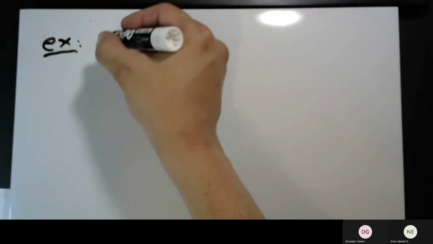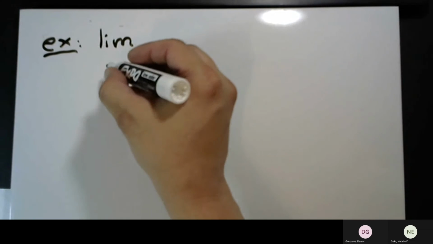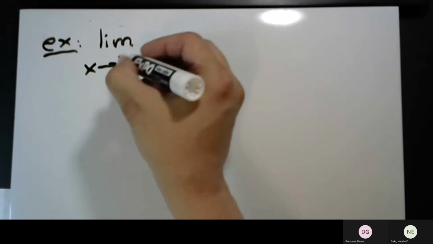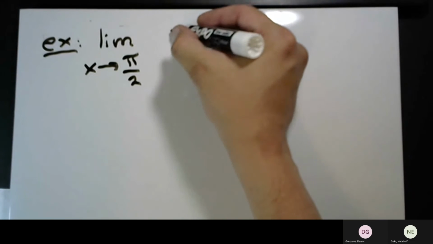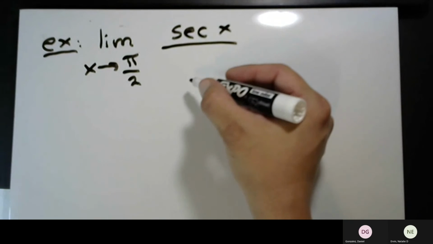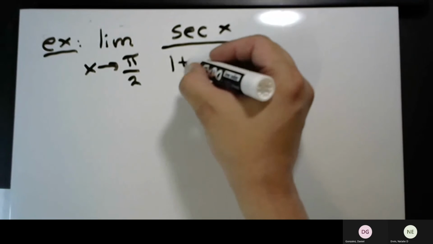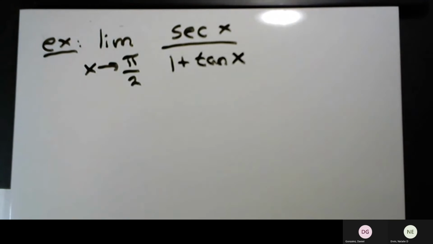So let's do the limit as x goes to pi over 2 of the secant of x over 1 plus tangent of x.